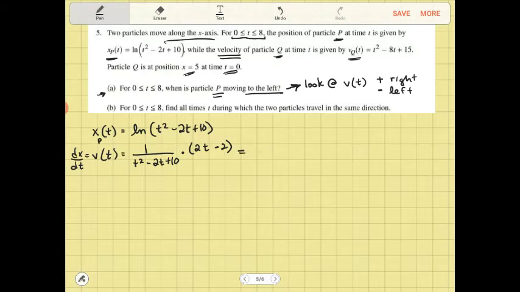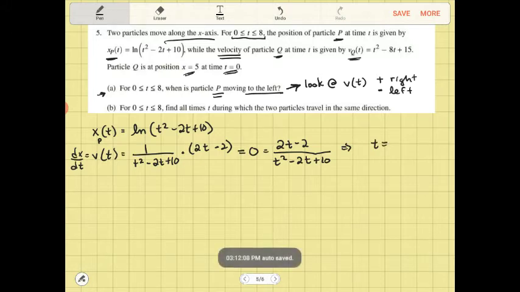We're going to set this velocity equal to 0, and we need to solve when the numerator is equal to 0. And that happens at t equals 1. Hopefully you can see that. Move the 2 to the other side and divide by 2.